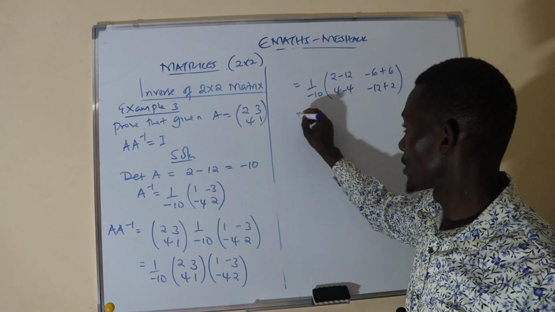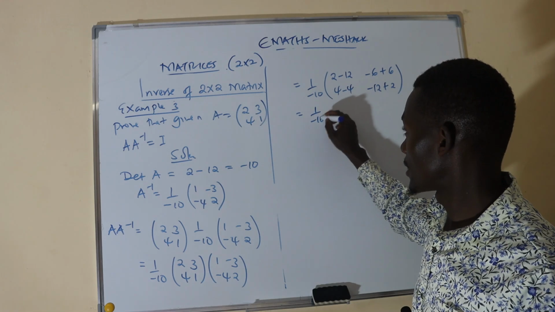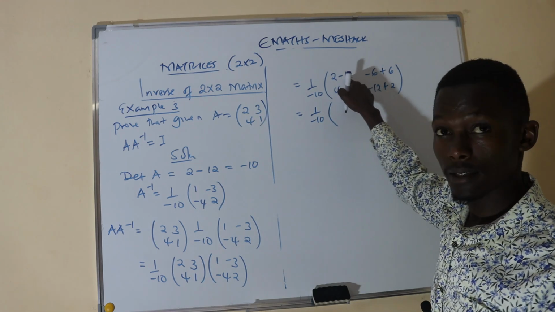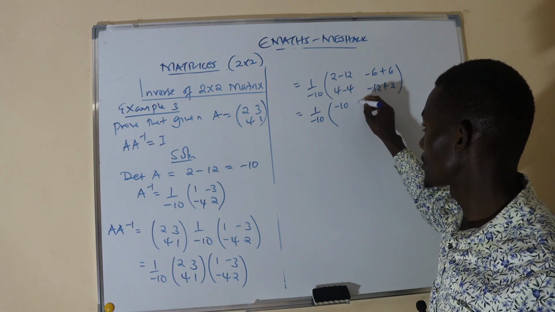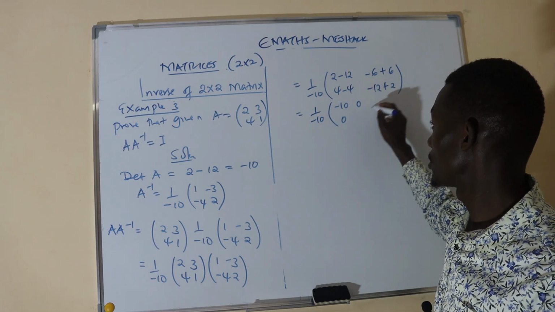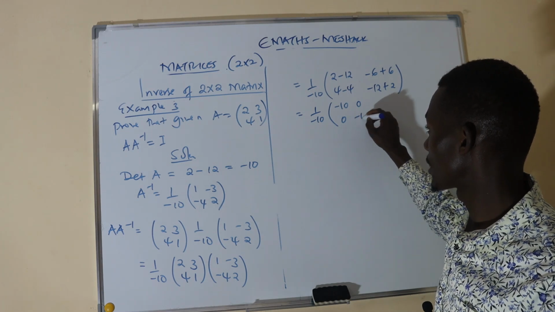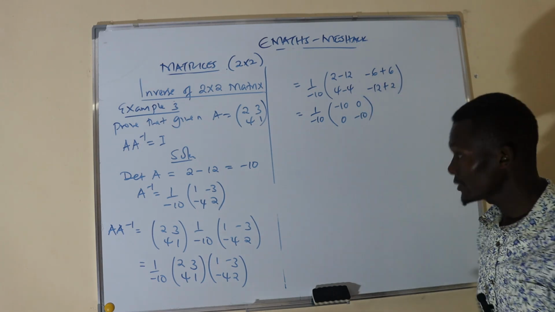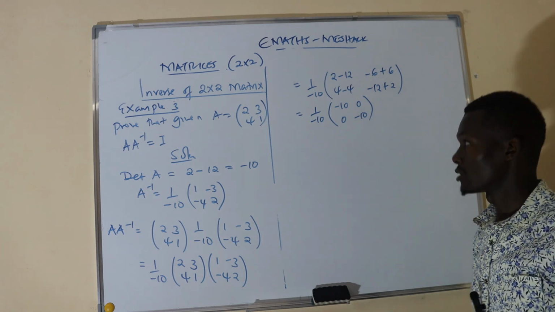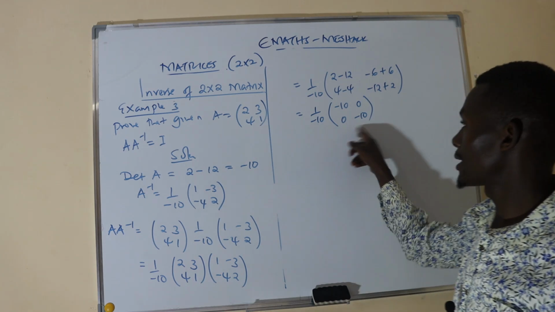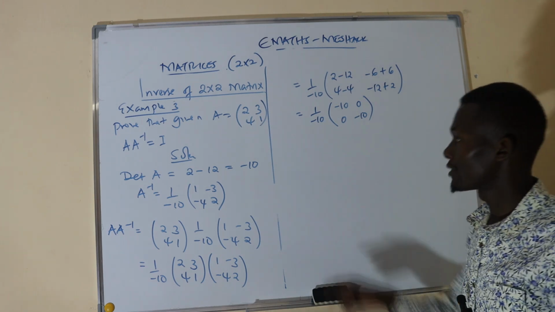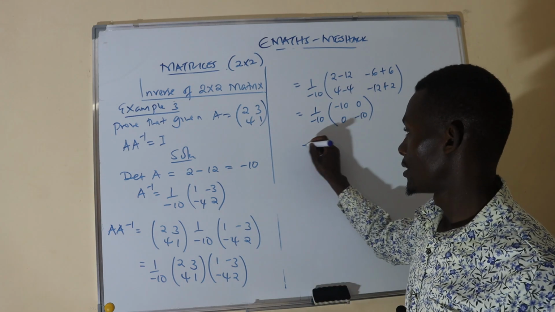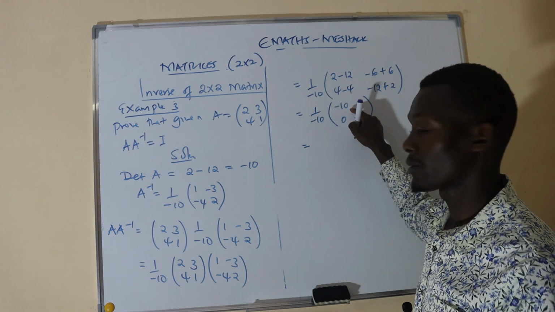So therefore, again, this one is 1 over negative 10. 2 minus 12 gives me negative 10. Negative 6 plus 6, 0. 4 minus 4, 0. Negative 12 plus 2, negative 10. And by scalar multiplication, when you multiply a scalar by a matrix, it multiplies with each and every number inside the matrix. So this fraction shall multiply with this number.